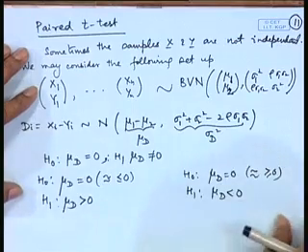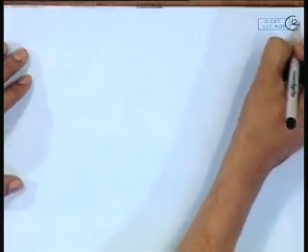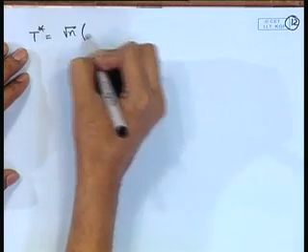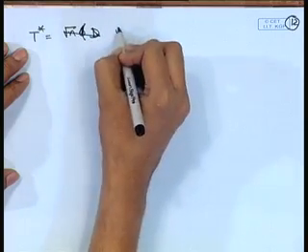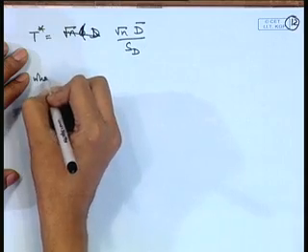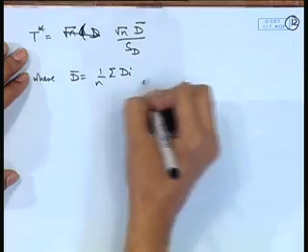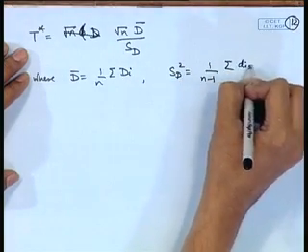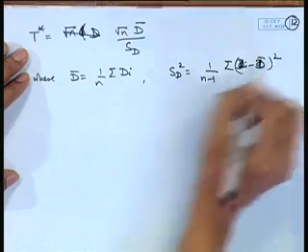So, if we consider here the statistic defined by say t star is equal to root n d bar divided by s d, where d bar is the mean of di's, s d square is the sample variance of the di minus d bar square.